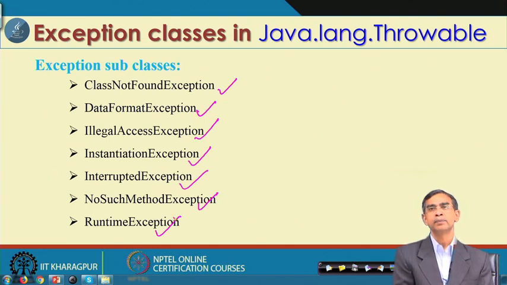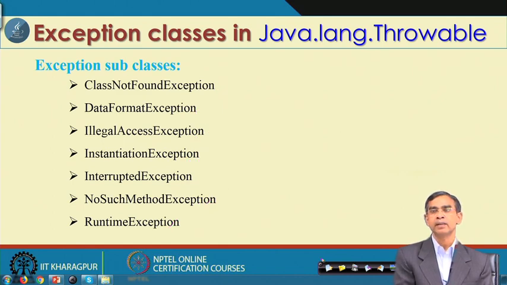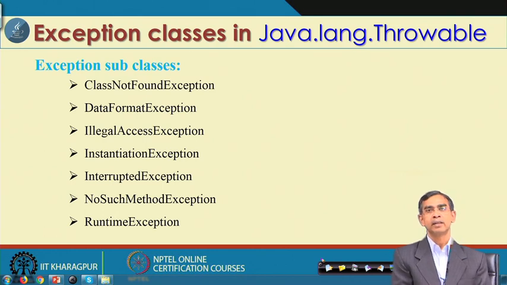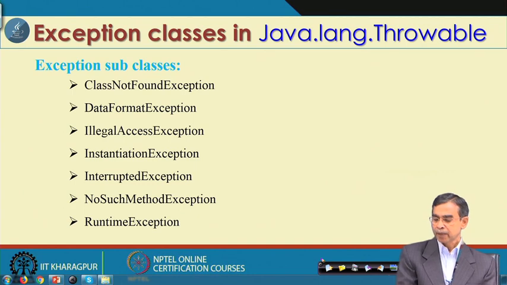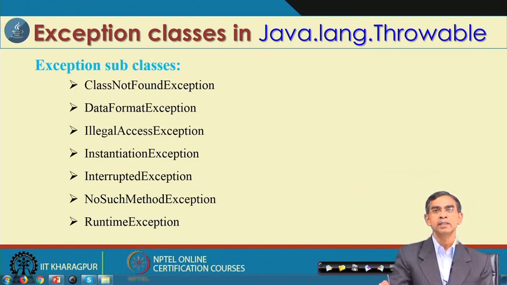If you are an advanced Java programmer, you may face this kind of exception when you are developing applications. But it is very difficult to illustrate all these exceptions one by one, because there are too many, and it is not possible in this short time. Anyway, these are the different exceptions so far as RuntimeException and Exception subclasses are concerned, and there is one more called the Error subclass.